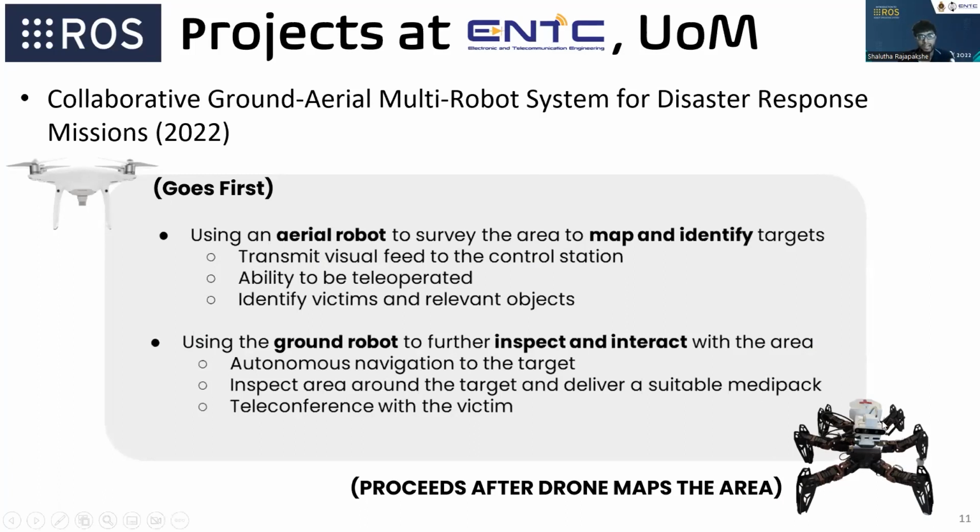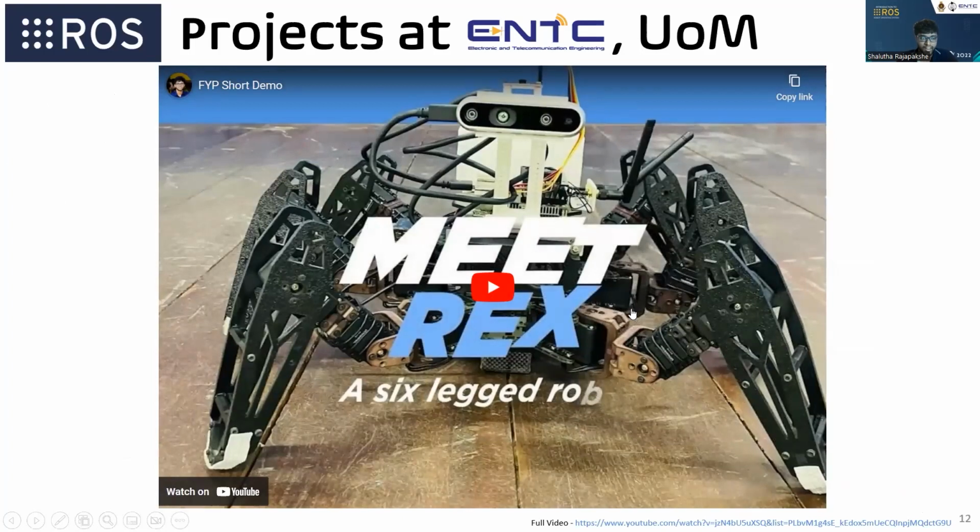Finally, the hex support will autonomously navigate to the target victim locations to deliver medipacks or perform teleconferencing. While all this is happening, the ground control station user can see the live video feed, and if he wants, as I mentioned earlier, can manually control the hex support or interact with the project. Right, so now I will show you some captured moments in this video.